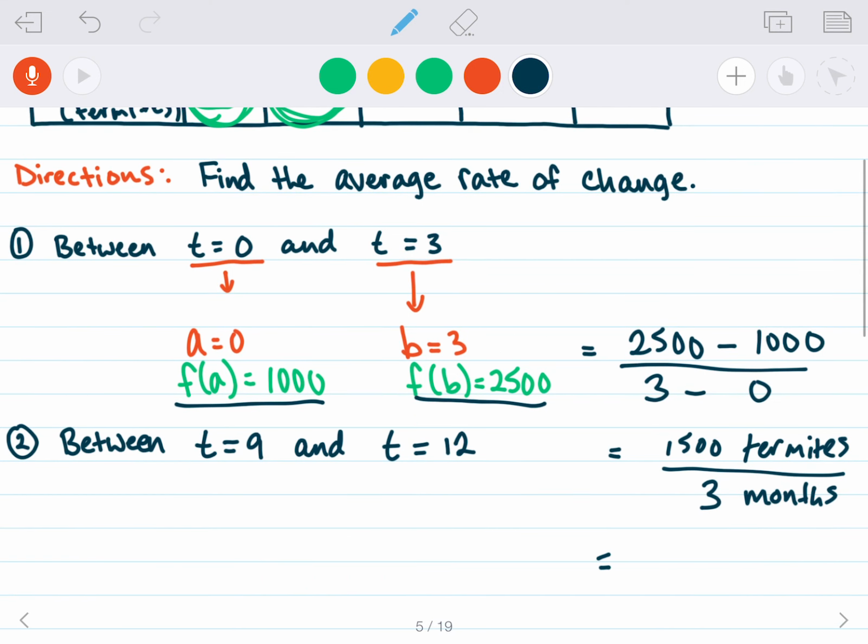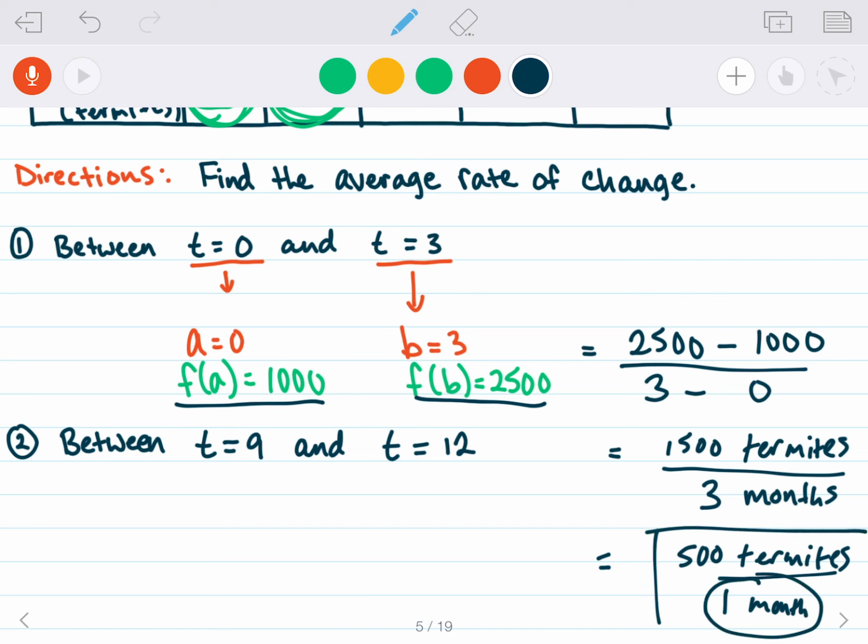We're going to go ahead and simplify this. 1,500 divided by 3 is 500 termites per 1 month. You see how we got this in a unit of time, 1 month.